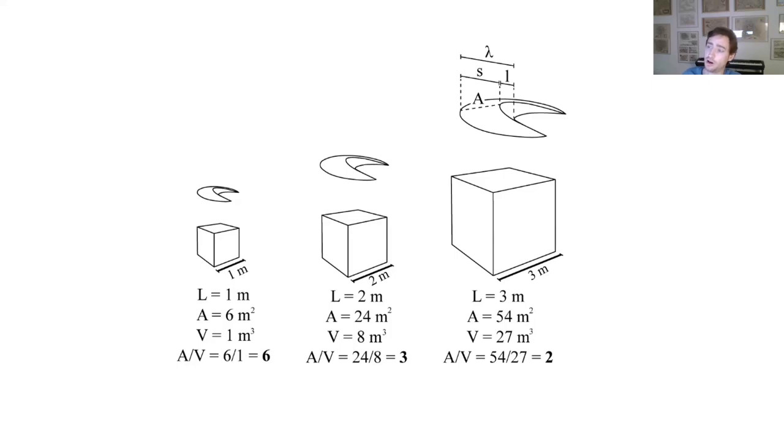A larger object has a lower surface to volume ratio and experiences less drag compared to gravity, so it will settle more quickly as compared to a small particle like a sand particle or a clay particle.